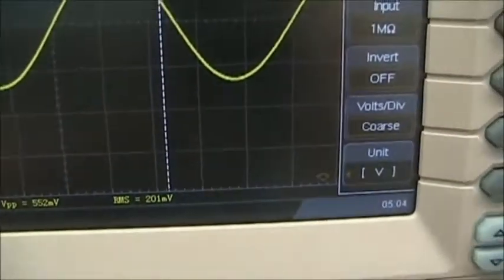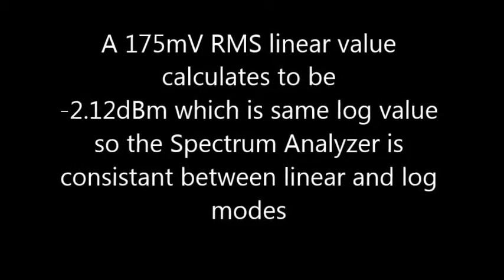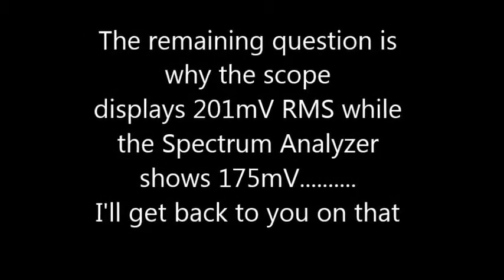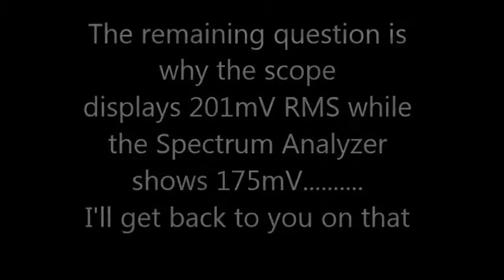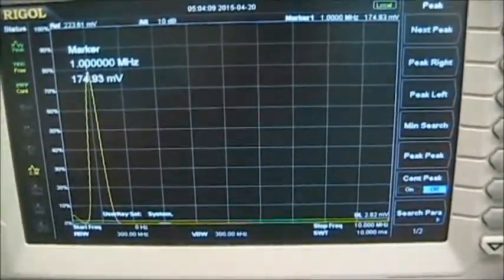Now that's slightly lower than the scope, which was indicating 201 millivolts RMS. That's our measurement setup for the introduction to the spectrum analyzer.